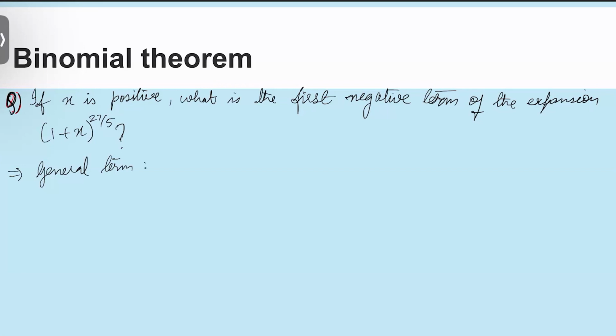So general term can be written as tr plus 1 is equal to n, n minus 1, n minus 2, going all the way up to n minus r plus 1, and then this would be divided by r factorial. And if you compare with this expansion itself, your 1 raised to n minus r would be taken out because it's 1, and you will be remaining with x raised to r.